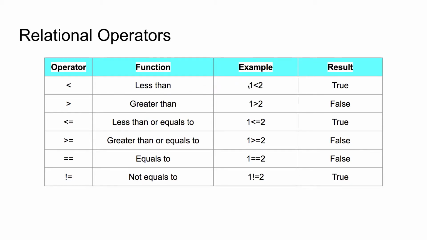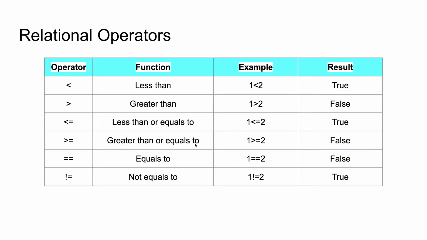Less than: 1 is less than 2 is true, so the result is true. Greater than: 1 greater than 2 is false, that's why the result is false. Less than or equal to: 1 less than or equal to 2 is true because 1 is less than 2. That's why the result is true.